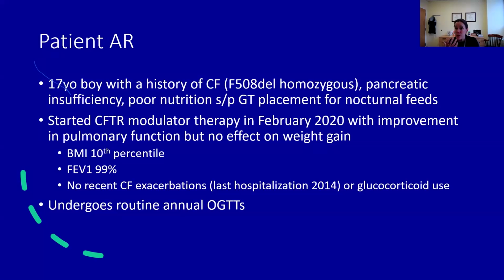From a lung perspective, he's doing really, really well and had a great lung function with an FEV1 of 99th percentile, which is great. And he had no recent hospitalizations or treatment with steroids. And he is very good about going and doing his annual OGTTs. So I want to show you some of his OGTT data.